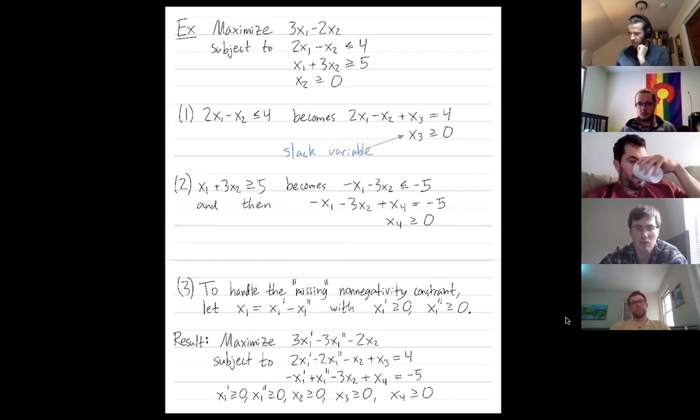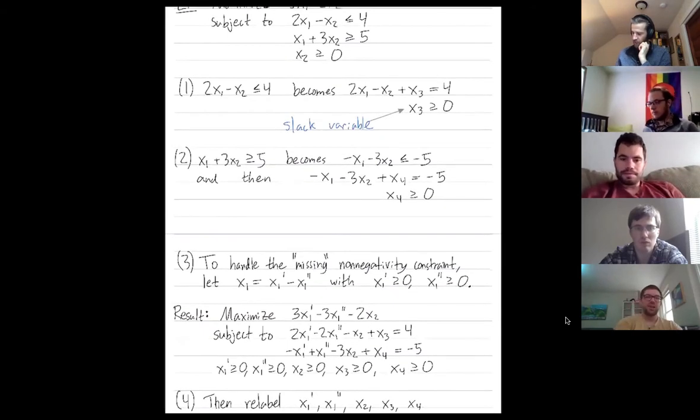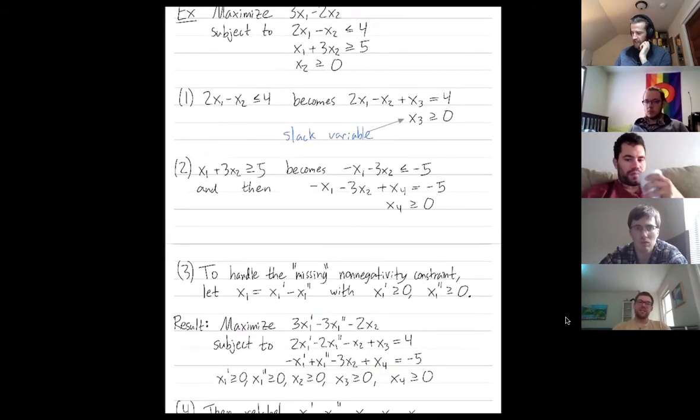So first of all, everywhere that x1 prime appears in our optimization function and in our constraints, it appears right next to a negative x1 double prime, right? So they never really matter on their own. So you're right, there is extra redundancy.